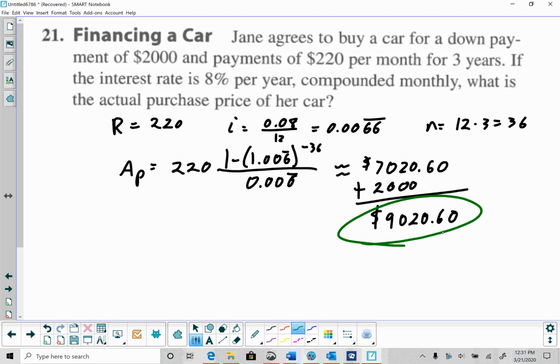The agreed upon selling price of the car is $9,020.60. She puts $2,000 down, so that lowers the amount due down to a little more than $7,000, and she borrows that, pays it off in 3 years. Congratulations, Jane, the car is yours.